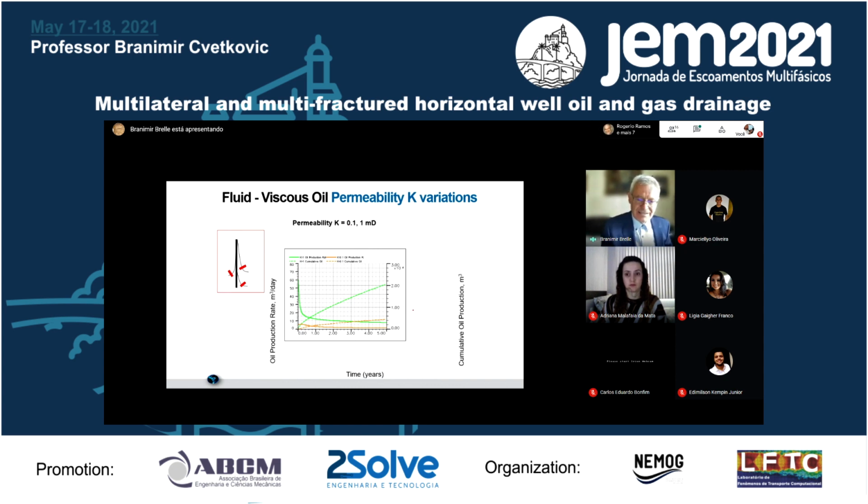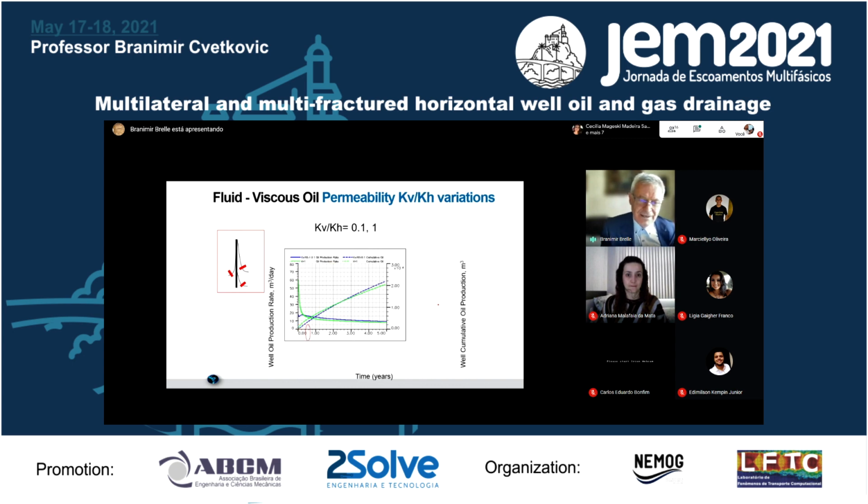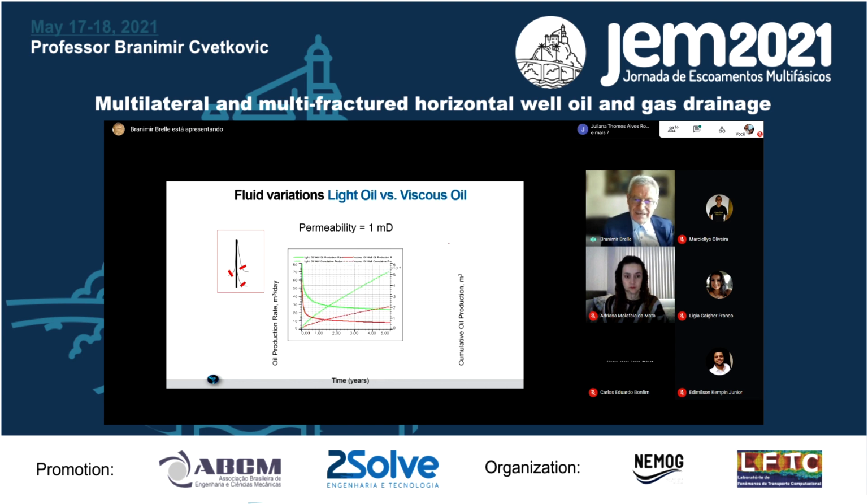You see, this is nice. See that here I have more viscous or less viscous, okay? That is also how I'm going to be receiving different results. And then I can also put in viscous oil now, and introduce KV/KH. Then light oil, so I can change through different reservoirs. Light oil, what is the difference?